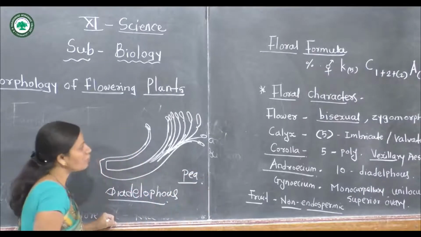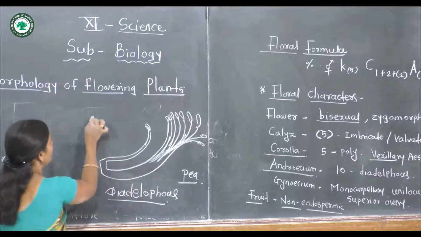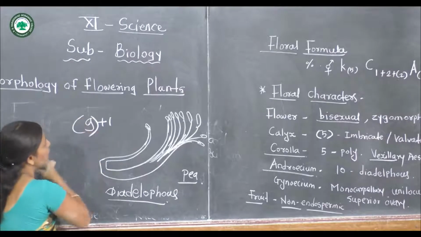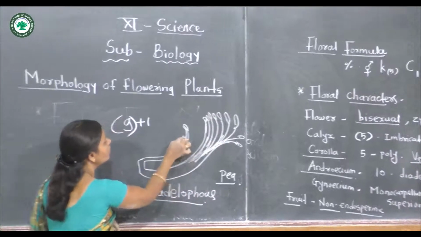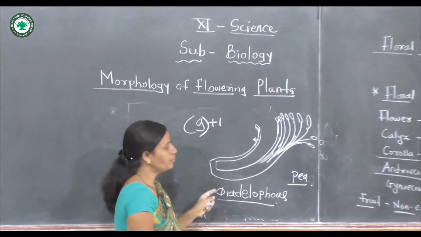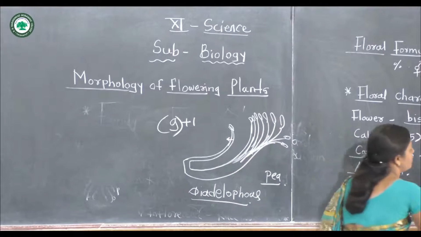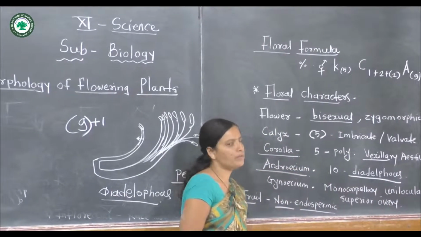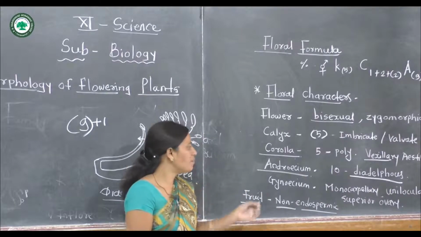The arrangement of the stamens is 9+1. These 9 are fused, and only one stamen is free, and this condition is called diadelphous. This is the diadelphous condition of the stamen in pea flower, the family Fabaceae.